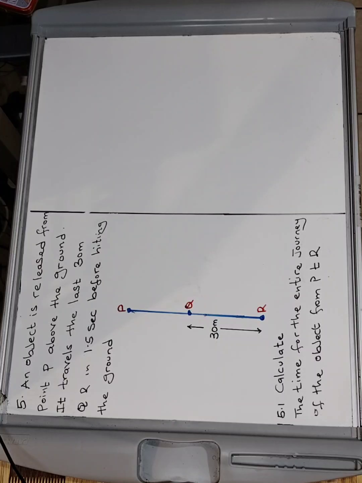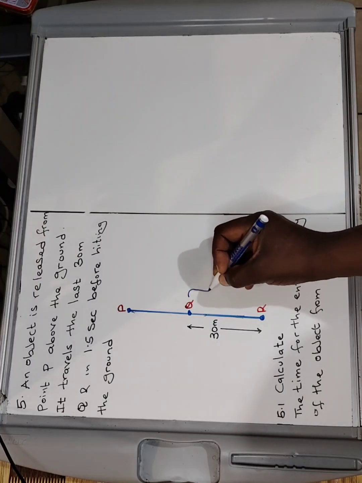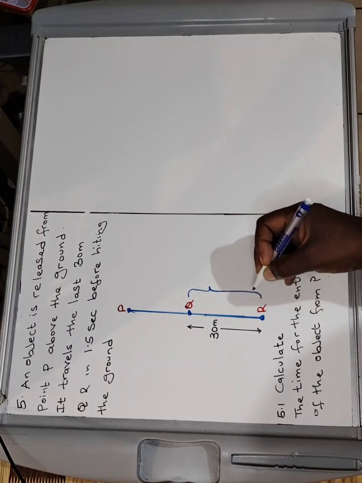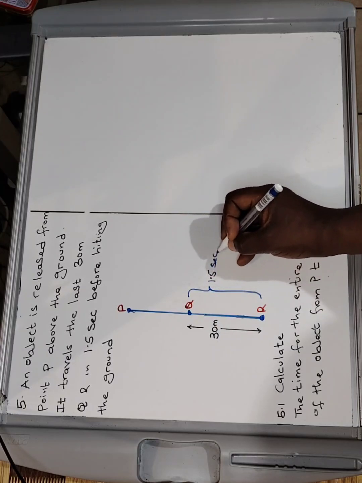To approach this question, there's something we have to know. We know the time the object took to move from Q to R, and it was 1.5 seconds.